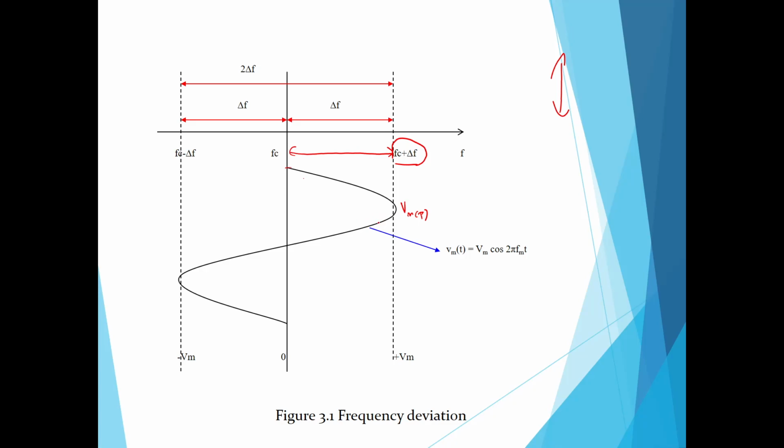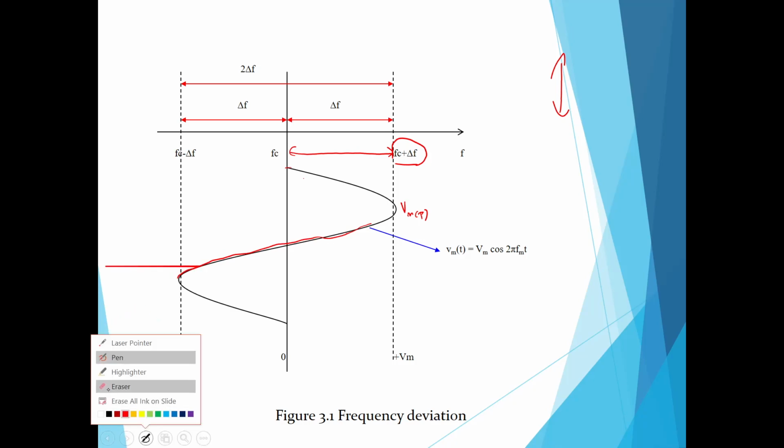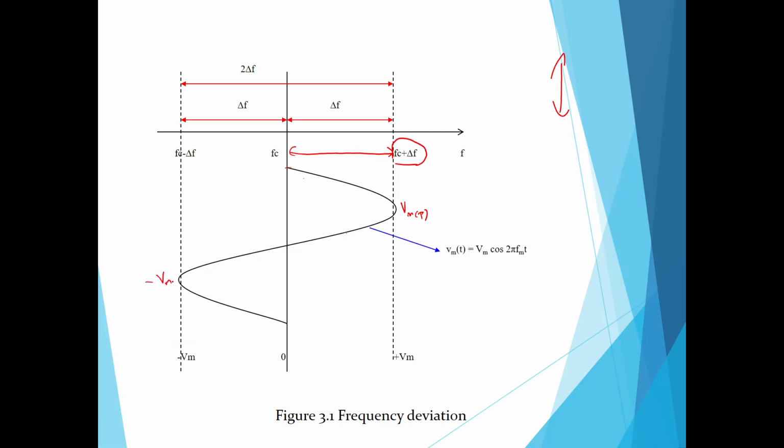And then when the modulating signal changes polarity to the negative peak, minus Vm peak, the carrier frequency will change to the lower frequency, which is Fc minus delta f. This delta f is the carrier frequency deviation.